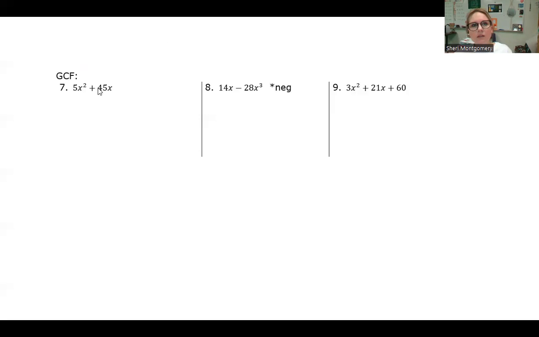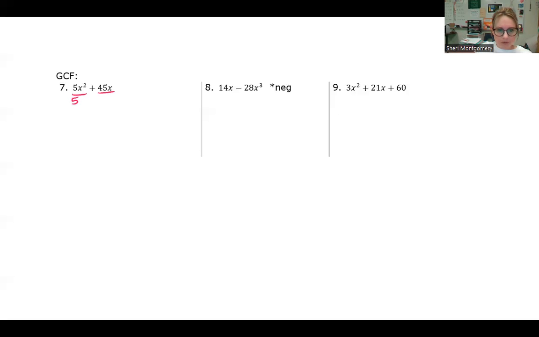Things that multiply to give you 5 are 1 and 5. And then you have factors that go into 45 too. What's the biggest number that goes into both 5 and 45? 5. So that is definitely the greatest that we can pull out for the coefficients.